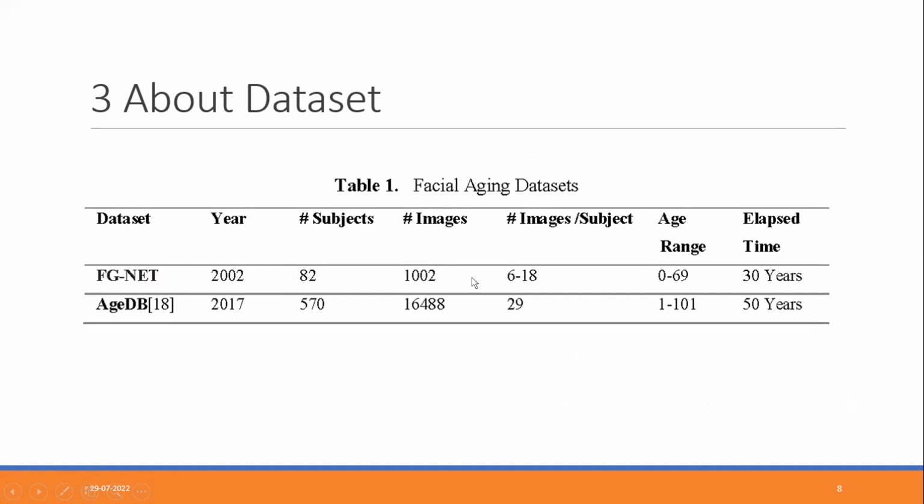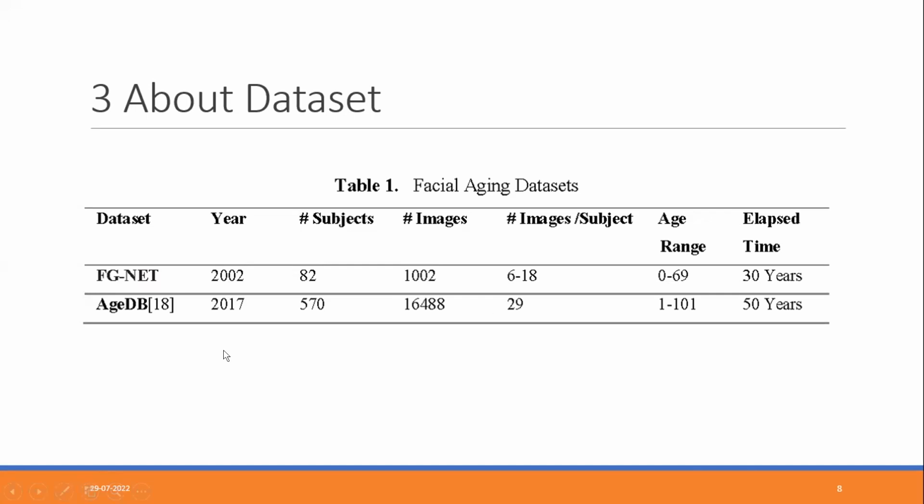All subjects have a minimum of 6 and a maximum of 8 images, and the age range is 0 to 69 or 70. The maximum age gap in this data set is 30 years. If I have an image of a subject at 6 years of age, maybe I have another at 35 or 36 years, but not more of a difference than that.